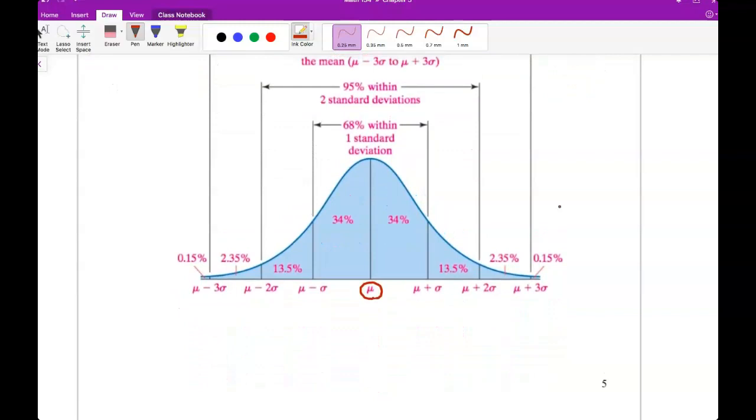And why do we say one standard deviation? Because here we have 1: mean minus 1 times standard deviation, so it's 1 standard deviation. Here also is 1 standard deviation. On this part there's 2 times, so it's 2 standard deviations. Same thing for this part. Here is 3, here also is 3. So this part, data are within 3 standard deviations.